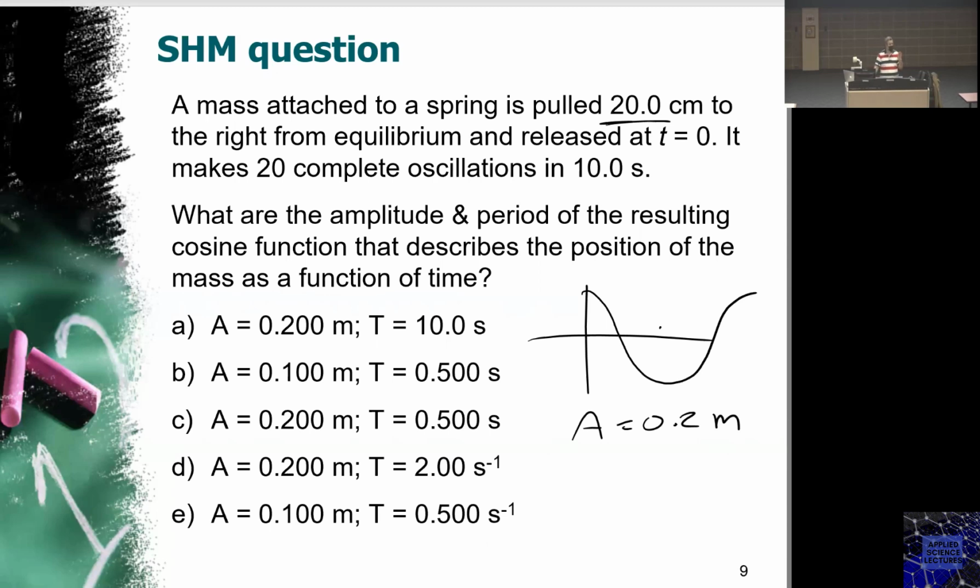It completes 20 oscillations in 10 seconds. What does this mean? This means that the frequency is 20 divided by 10, which is 2 hertz, or the period is 1/2, which is 0.5 seconds. So the answer to this is C. Any questions so far?